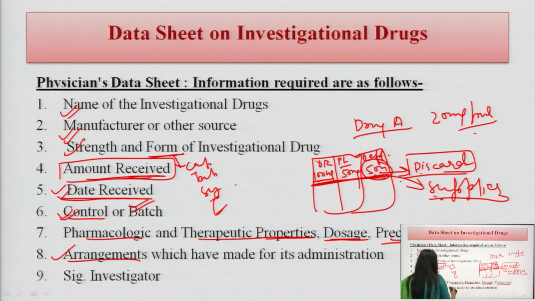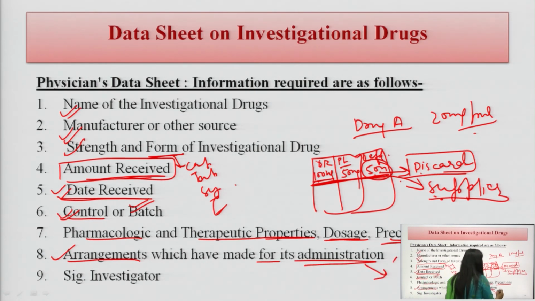Then arrangements which have been made for its administration. What arrangements are needed? Sometimes there is very complex administration, for example for some of the inhalers, rotahalers, and for injections. At that time there are some arrangements.